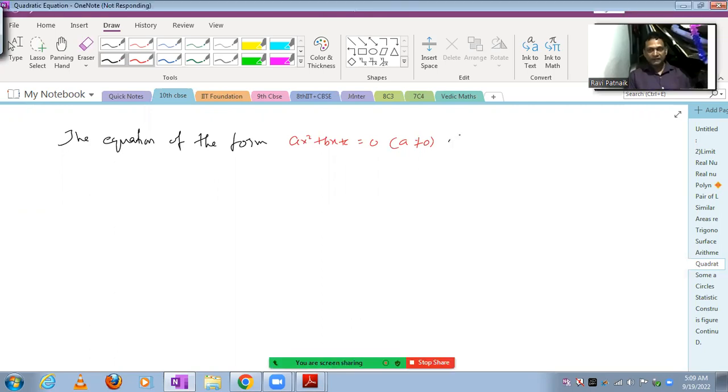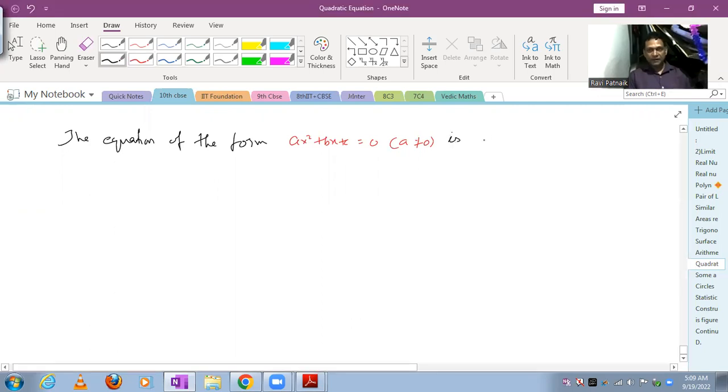Is called quadratic equation. So in a quadratic equation, there are two roots. Okay? In a quadratic equation, there are two roots.